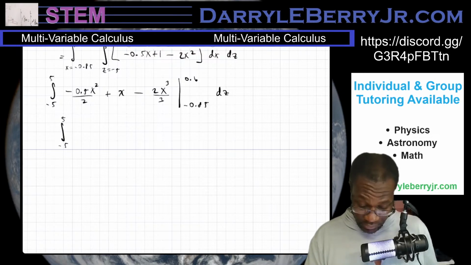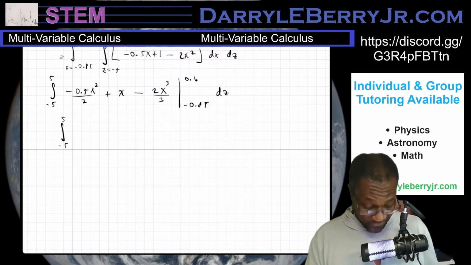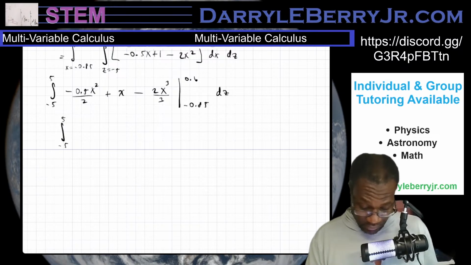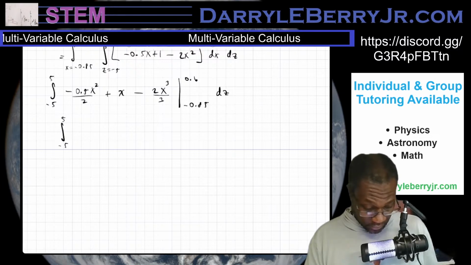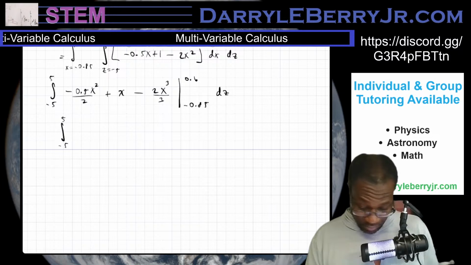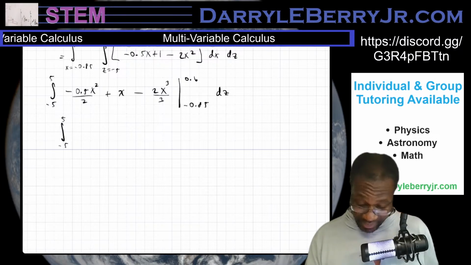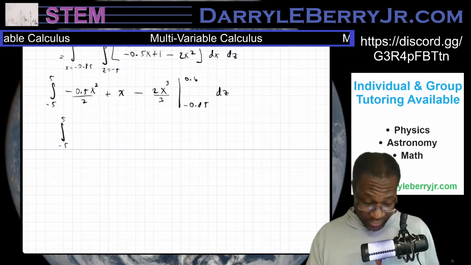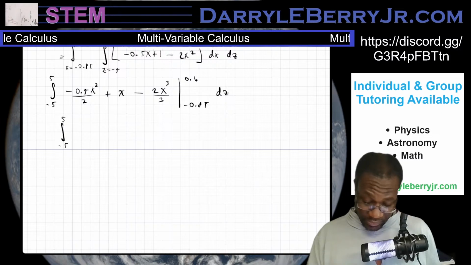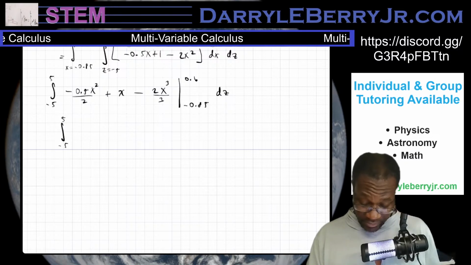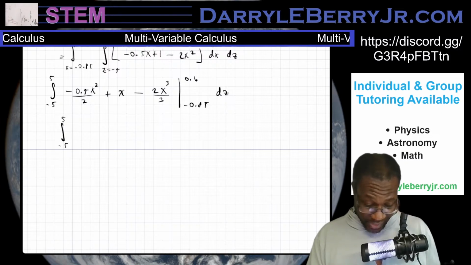0.5 times negative 0.85 squared divided by 2 minus, and it's a minus, because this is the second term, so you have the minus, so it's minus x. But I'm inserting a negative, so it's plus. So it's plus 0.85.